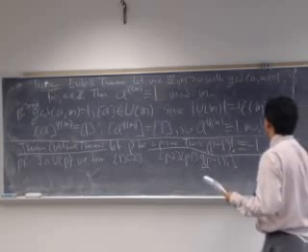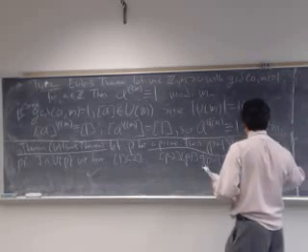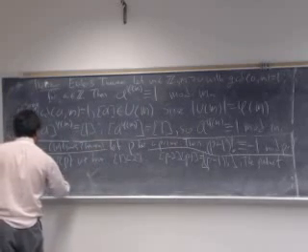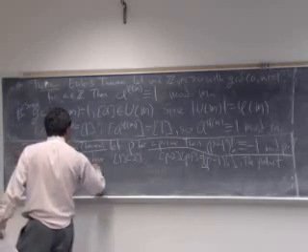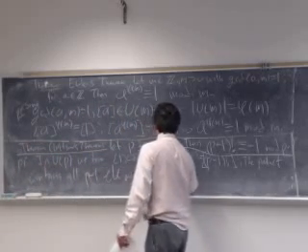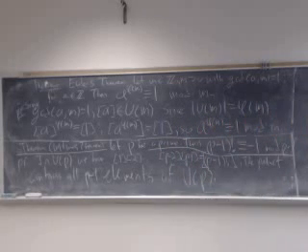And so this product contains all P minus 1 elements of the units of the integers mod P. So we've got them all lined up.